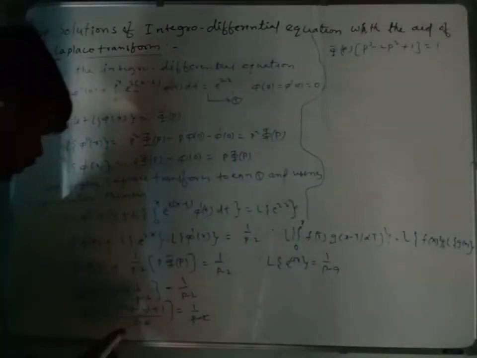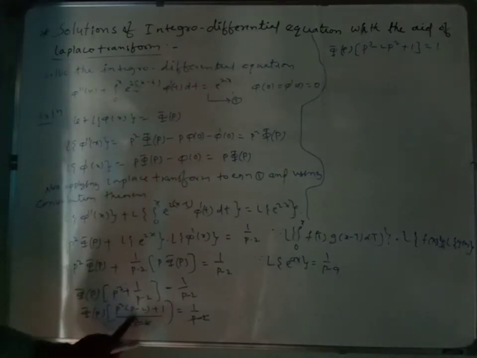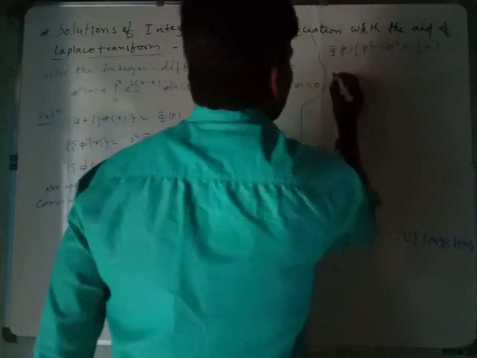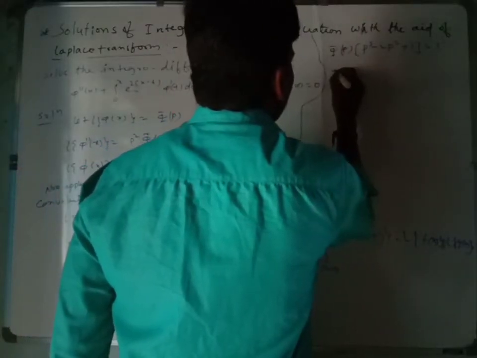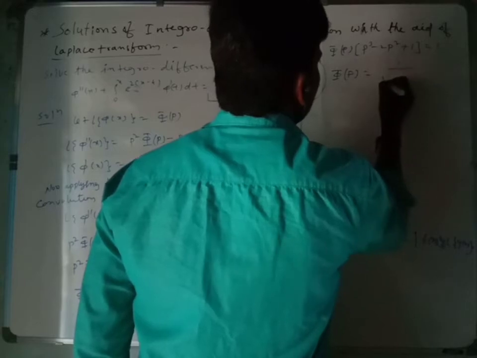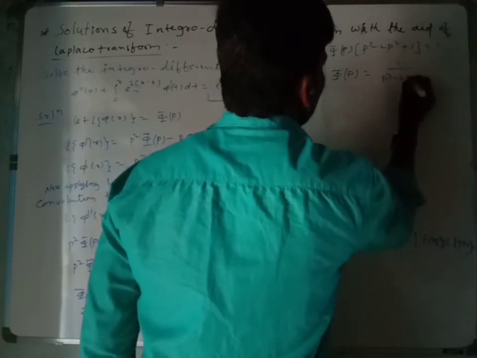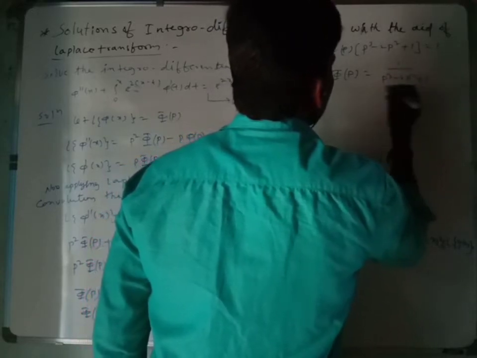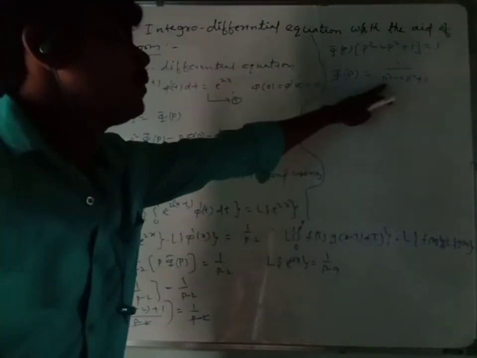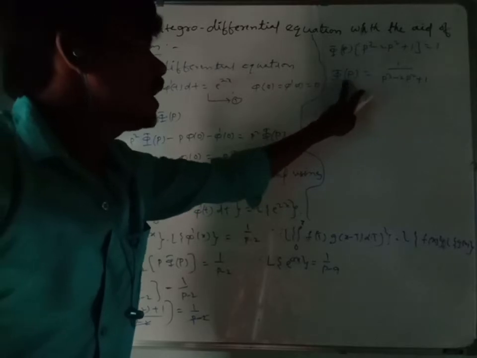This value is p cube minus 2p square plus 1. Here capital phi of p equals 1 upon p cube minus 2p square plus 1. Okay, this is capital phi of p.